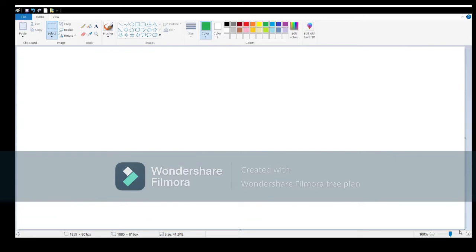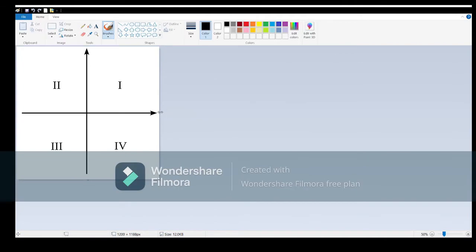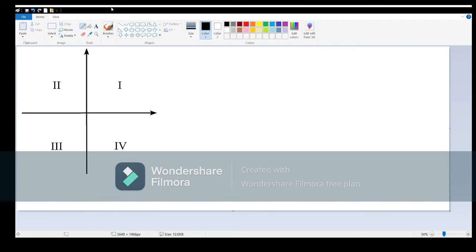And to make it easier, I'm going to insert a picture. Okay, as we can see here, this is called a graph, right? But then these are what we call quadrants.